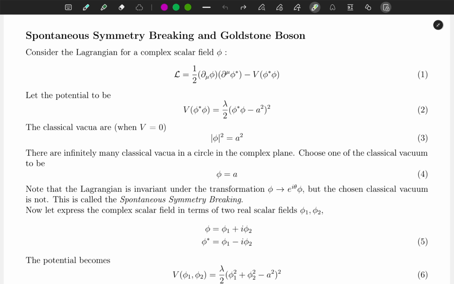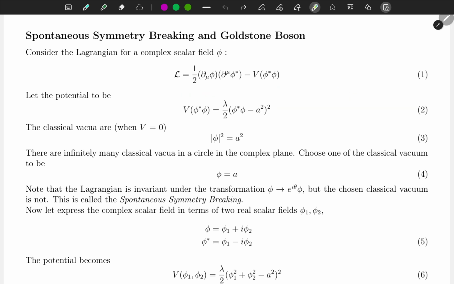Basically this is a simple Lagrangian of a complex scalar field. As you can see, this is the kinetic term and this is the potential term, and we take the potential to be this. This is the potential of phi 4 theory. We are considering phi 4 theory.